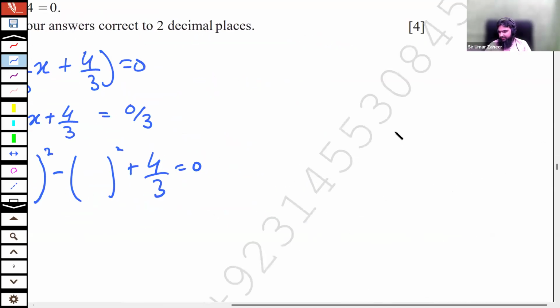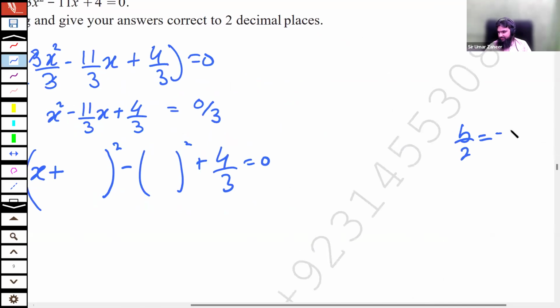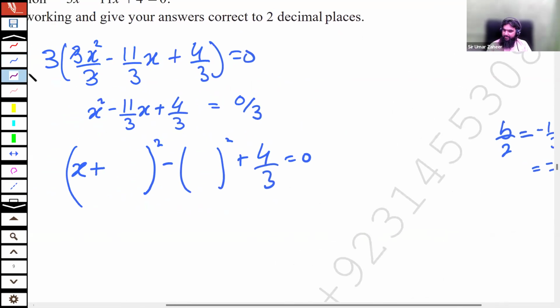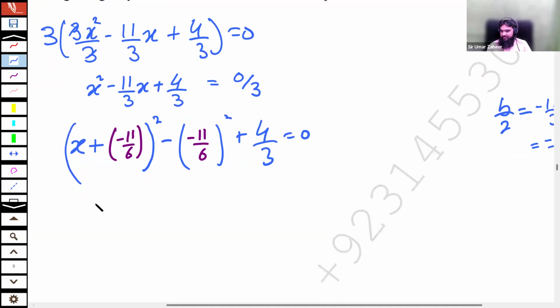I need to find the value of b over 2. That is simply you take the b term, that is minus 11 over 3, multiplied by 1 over 2. So I get minus 11 over 6. I must substitute with the sign. Now this becomes x minus 11 over 6 whole square, because plus multiplied by minus will be minus.